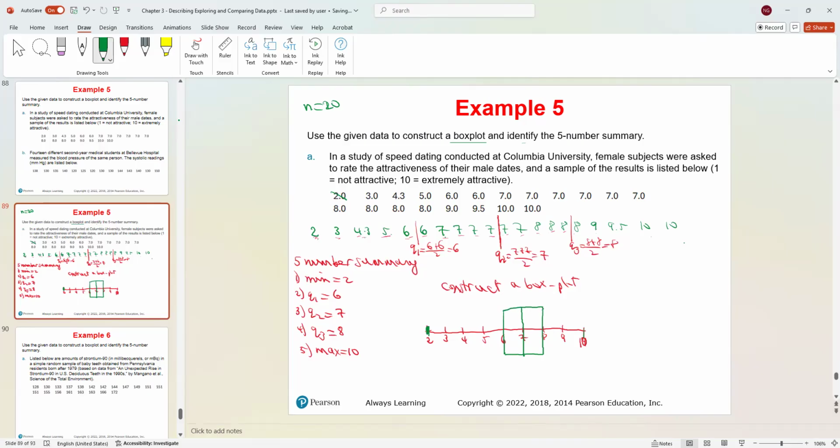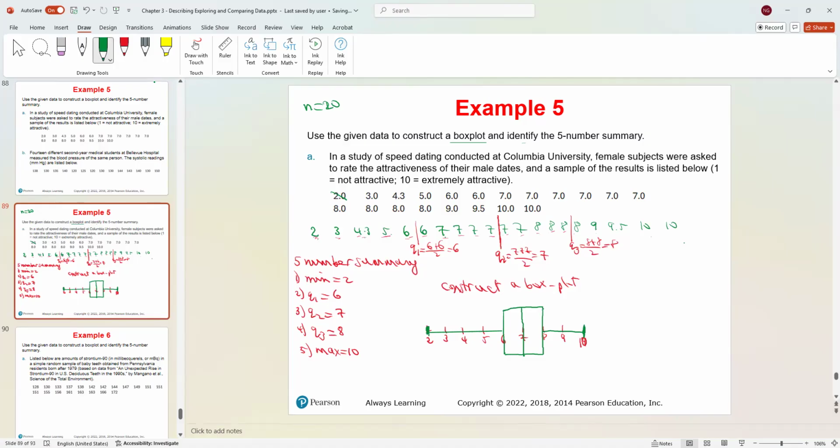I identify my maximum. I need to remove that line. I don't need that line, but I need to connect the minimum to the box and the maximum to the box. This is what we call a box and whisker plot.